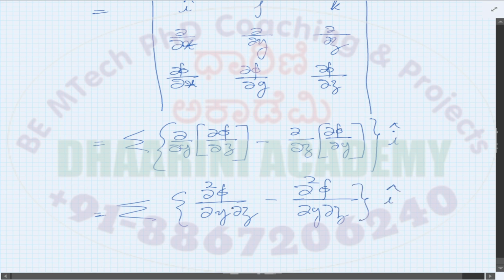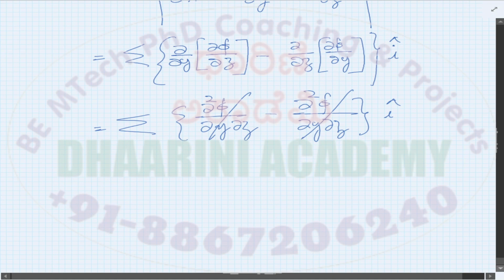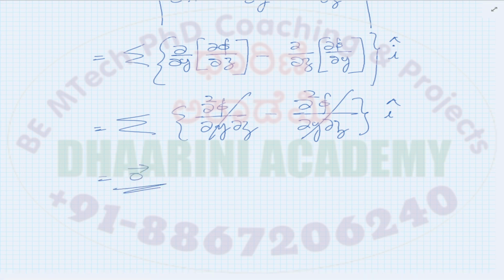They are the same, so they will get cancelled. So 0 into i cap plus the next term will also be 0, 0 into j cap plus 0 into k cap. It is very clear that we get the 0 vector, that is the answer.